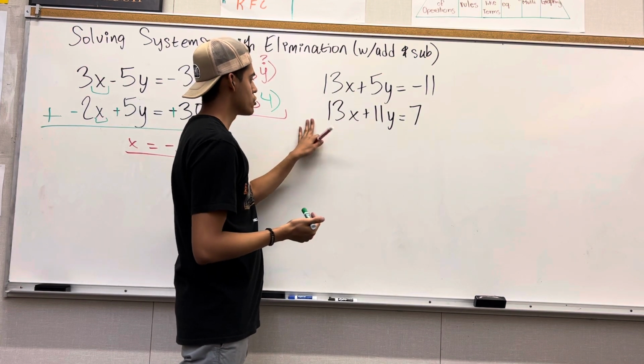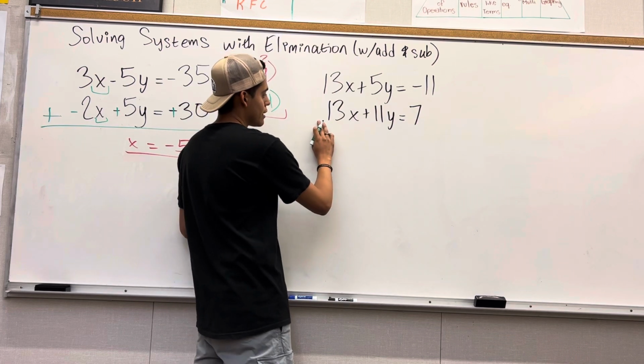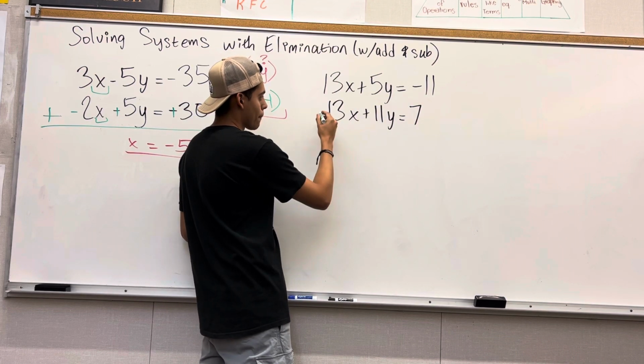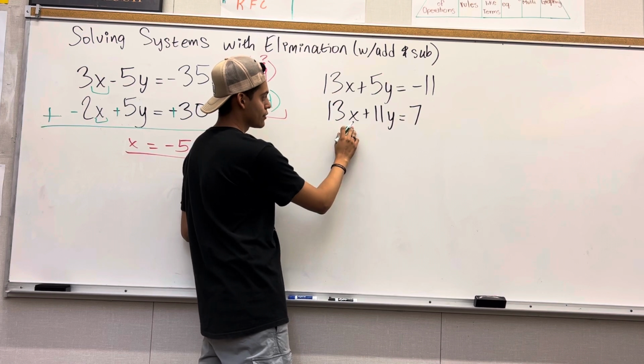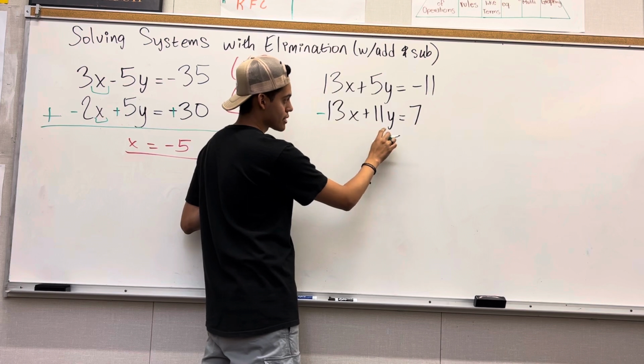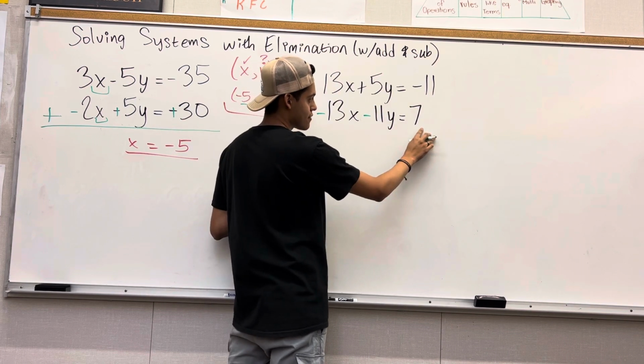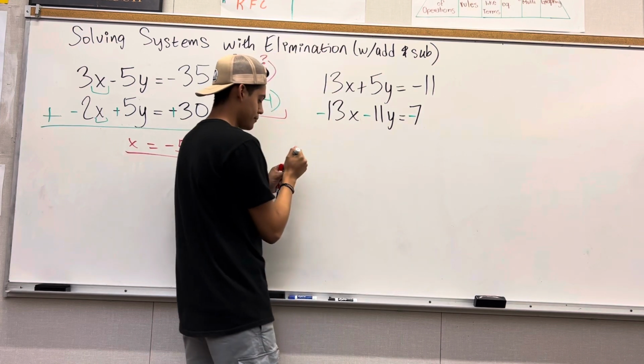So how I showed you guys, we're multiplying by -1, which means we're going to just change the signs. This one goes from positive 13x to negative. This one is plus 11y, this is going to turn into negative. This is positive 7, let's just change it to negative.